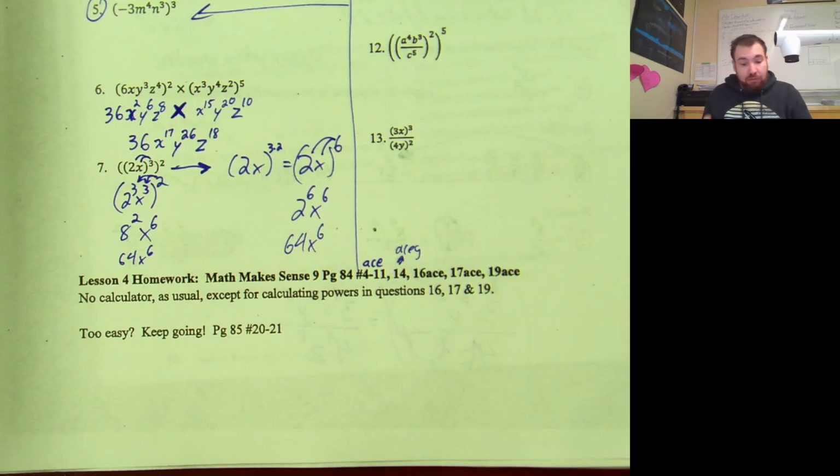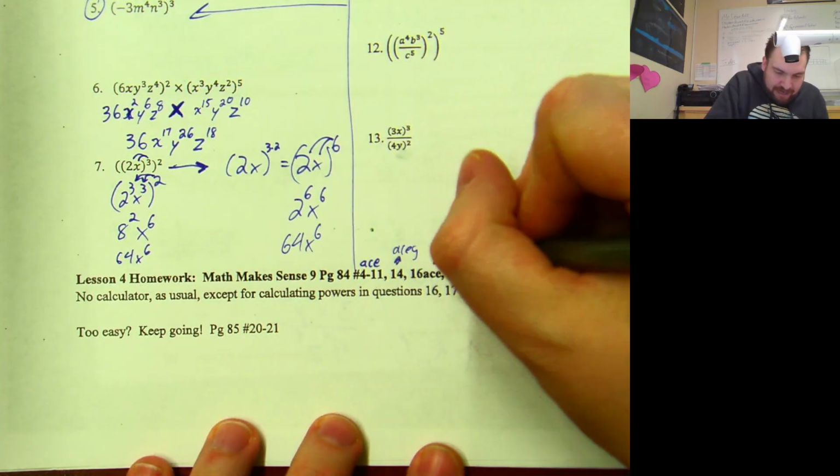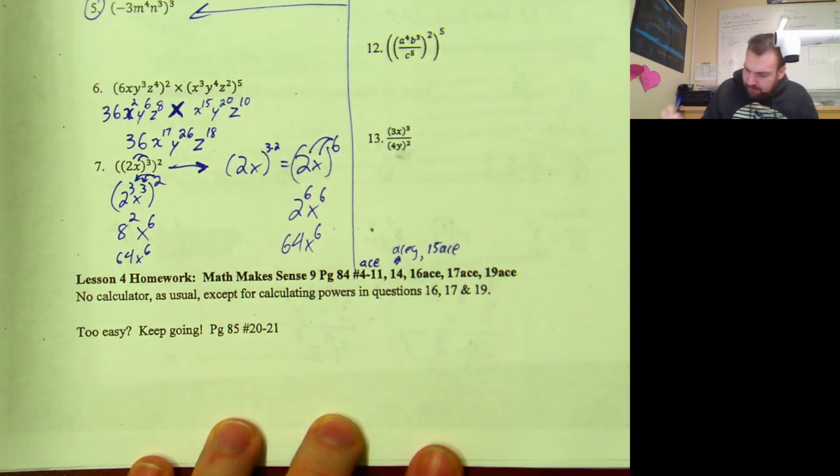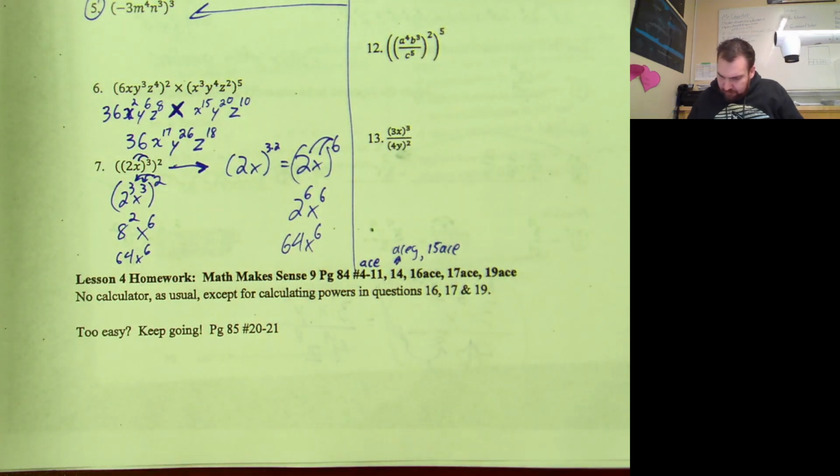Oh, no, can't forget this one. I'm going to add a question. I want 15, A, C, and E. 16's already ACE. 17's already ACE. 19's already ACE.